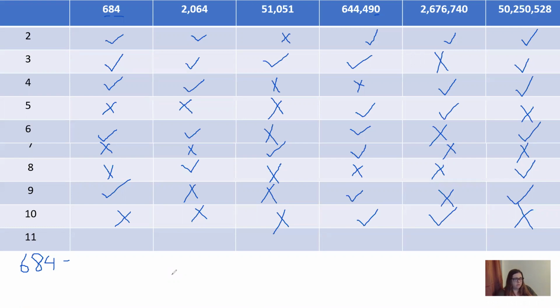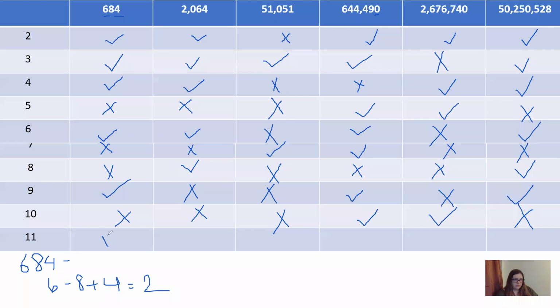If the new number is divisible by 11, the original number is divisible by 11. So we're going to do this number. So it's minus 8 plus 4 equals 2. And no, 2 is not divisible by 11.